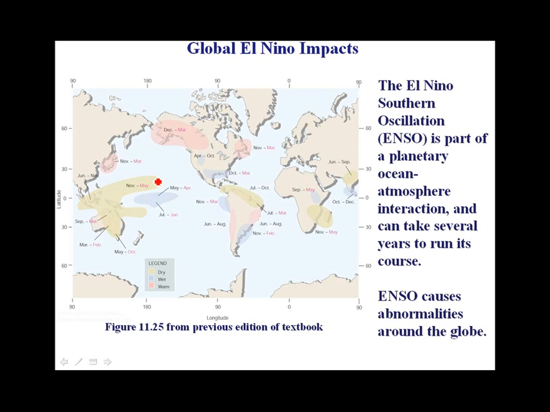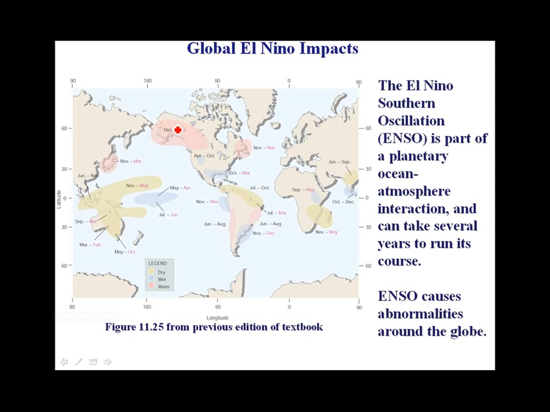You will see wet conditions in the central equatorial Pacific over Japan from November to March. Here's the legend I'm looking at: warm, wet, and dry. Warmer than normal conditions up over Alaska and portions of Canada from December to March. Conditions are warmer than normal.